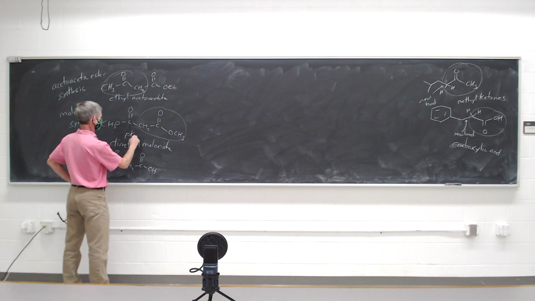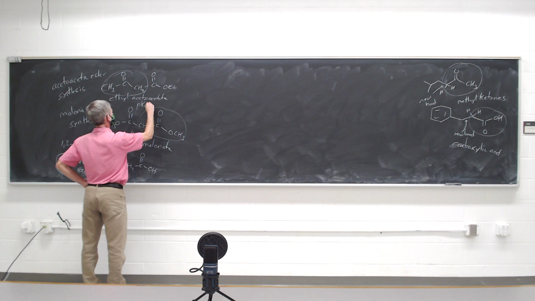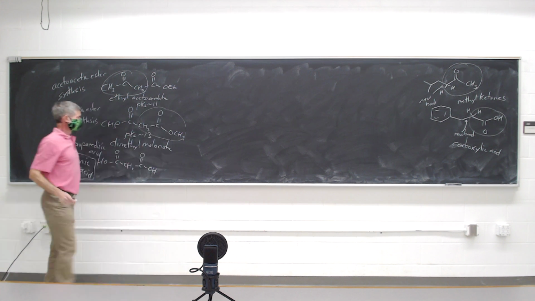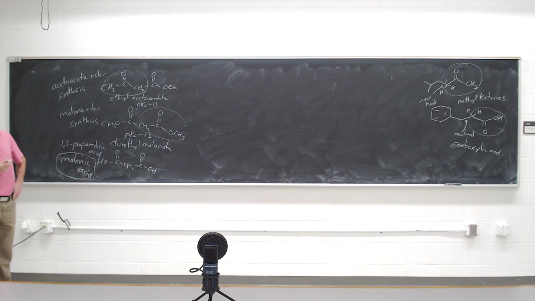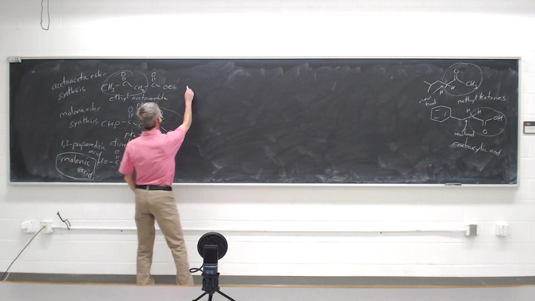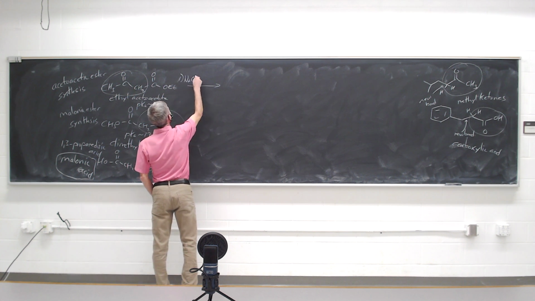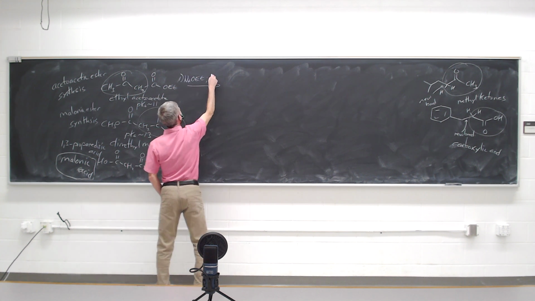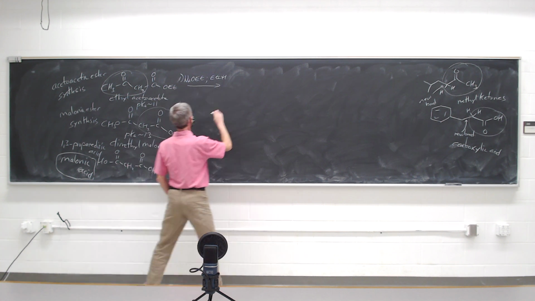The pKa here, remember, is around 13. The pKa here, remember, is around 11. So in both cases, we have a very acidic hydrogen that's sandwiched between 2 carbonyl groups. So we can take that off pretty readily, so we can form the enolate.